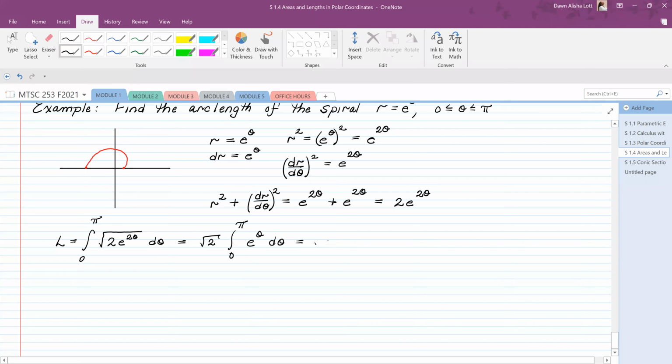So I get the square root of 2, and then I get e to the theta because I integrate between 0 and pi. So I get the square root of 2 times e to the pi minus e to the 0, which is 1. And there's my answer. Nice, fun problem.